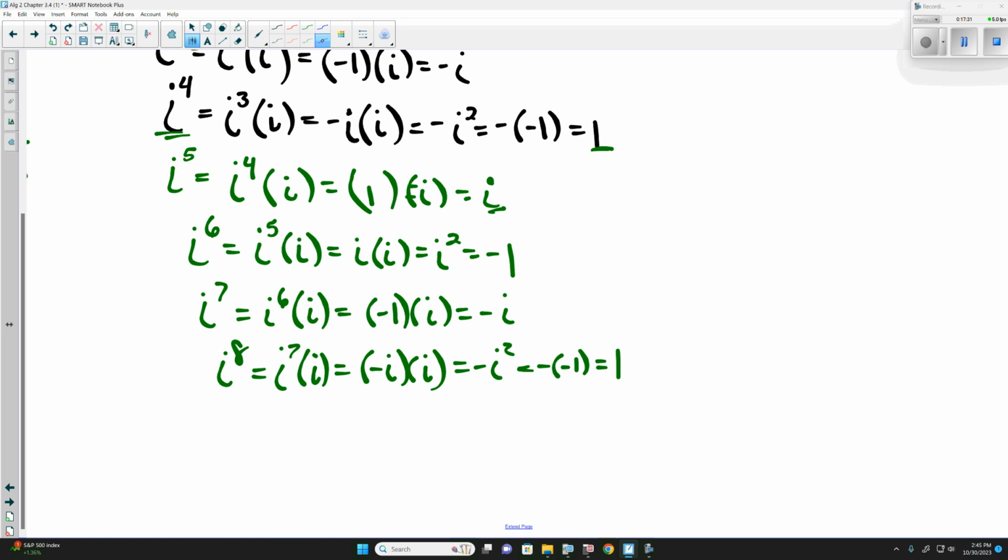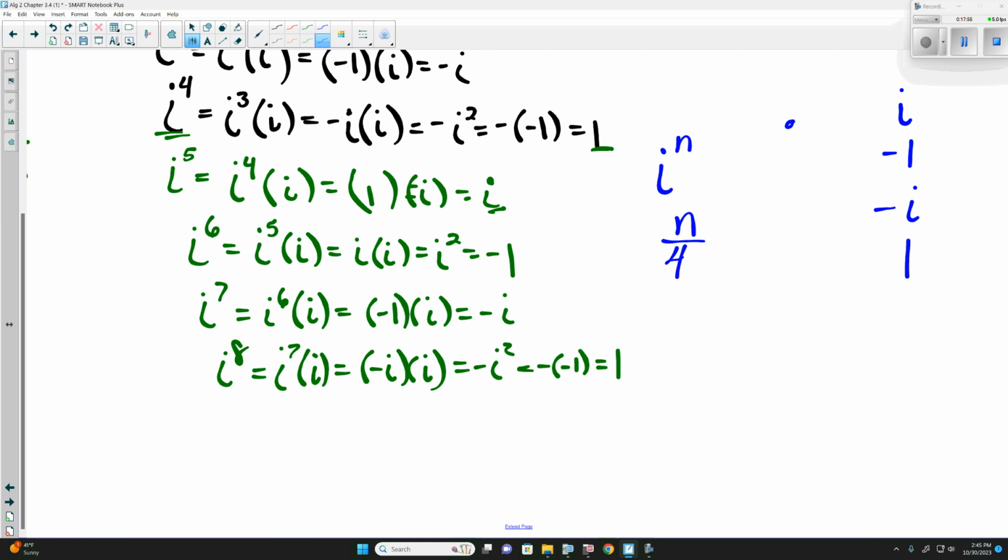Now, there are indeed 4 values: I, negative 1, negative I, and 1 for any power of I. So I to the n. What we do to solve this is we take whatever the power is and divide it by 4, because there's only 4 choices that it can be. And anytime we have an exponent attached to I, we have to reduce it. We cannot leave it.